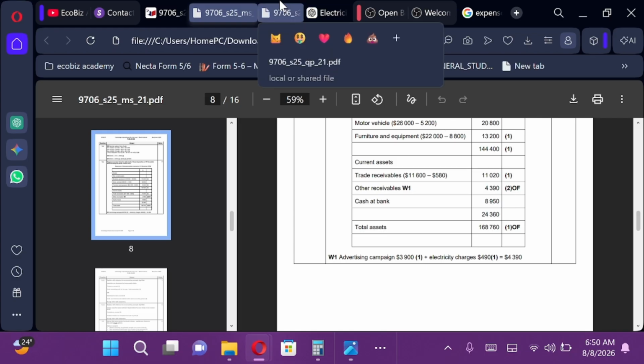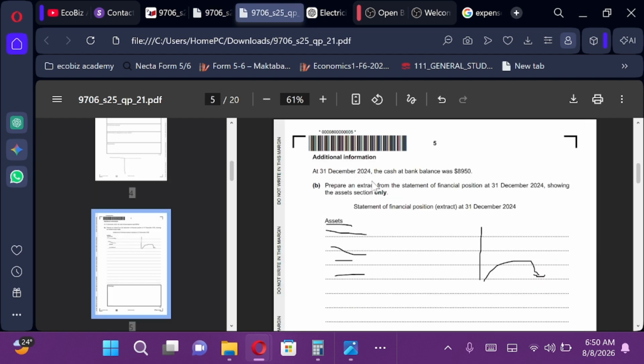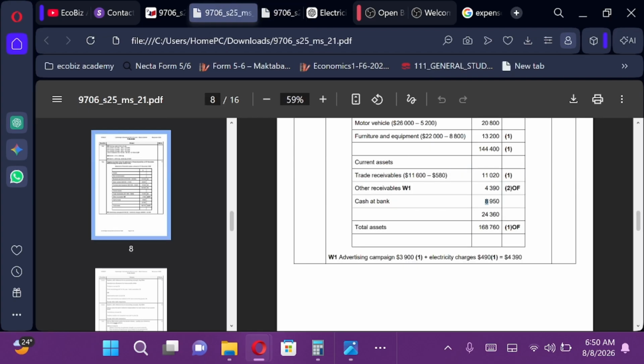Now, nearing the end of this video, we take cash at bank, which we're already given, 8,950. We put it here. We find the sum of the current assets, which are these ones. Something I did not tell you guys is that prepaid is actually a current asset. Prepaid is when we've paid money but we've not received the service.